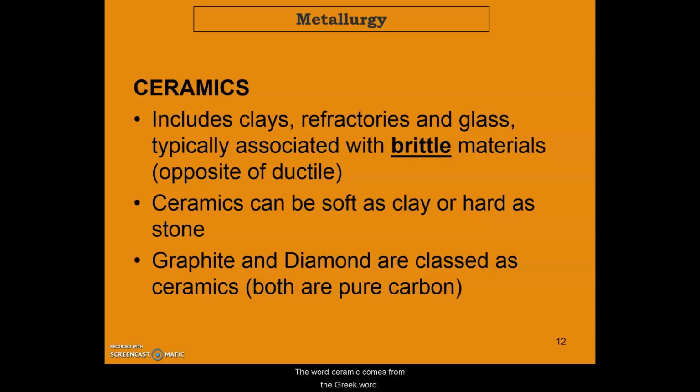The word ceramic comes from the Greek word keramikos, which means pottery. They are typically crystalline in nature and are compounds formed between metallic and non-metallic elements, such as aluminum and oxygen, which is alumina, calcium and oxygen, which is calcia, and silicon and nitrogen, which is silicon nitride.